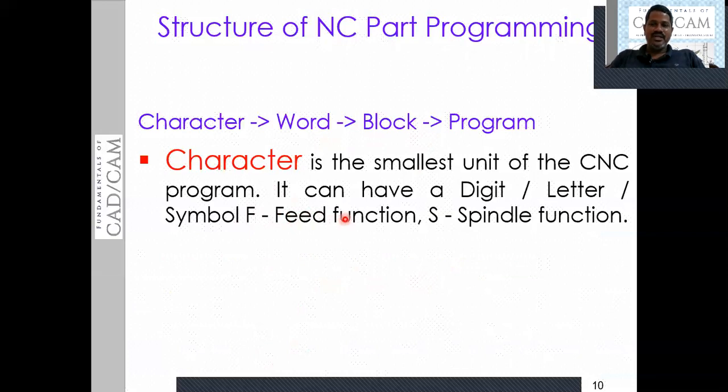F200 means 200 mm per minute. That means the feed of the tool is 200 mm per minute. Per minute, the tool has to move 200 mm distance. That is the meaning of the feed. So F and S are the characters which give specific meaning to the word.